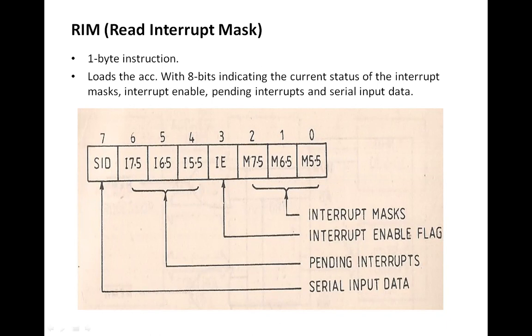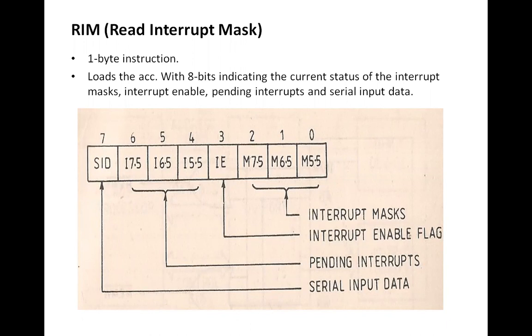So bits D0 to D2 are used for the interrupt mask. If it is 1, it is masked. If it is 0, it is available. Bit 3 indicates the interrupt enable flip-flop. If it is 1, it is enabled.